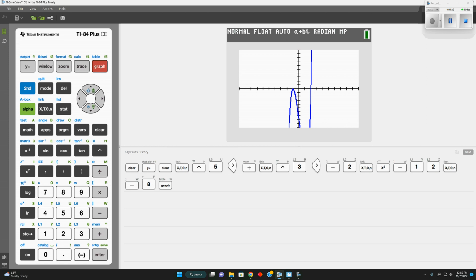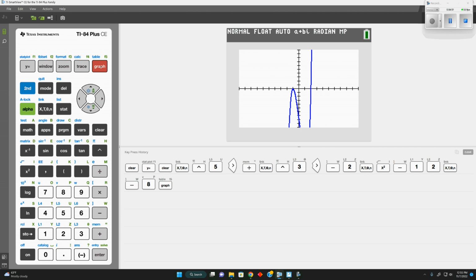We hit graph. So for this function here, we know we have 5 solutions. It would be nice if we did get 5 numbers that worked. But we got how many here?